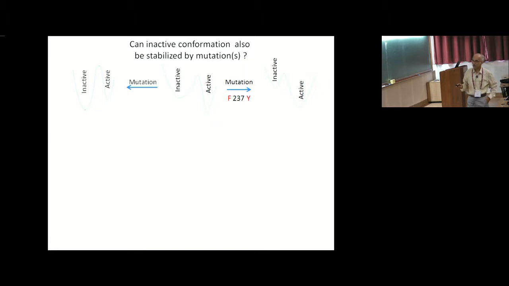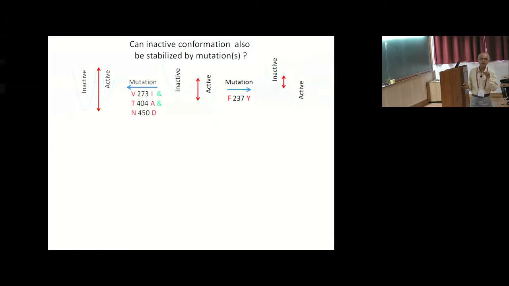We increased this population, but despite that, it responded to galactose, which means that the mutant form, this is the wild type form, the mutant form exists in this state. It's inactive as far as the state is concerned, but it responds to galactose exactly the same way as the wild type.